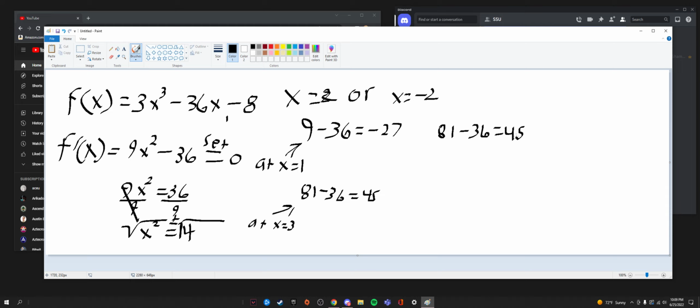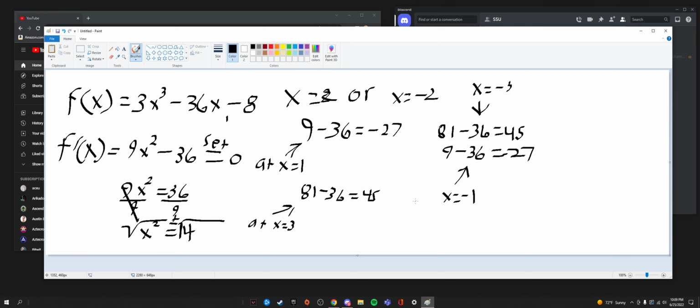And if you plug in -1, negative 1 squared is 1 times 9 is 9, so we'll have 9 minus 36, and that gets us negative 27. So this is at x equals negative 3, and this is at x equals negative 1.